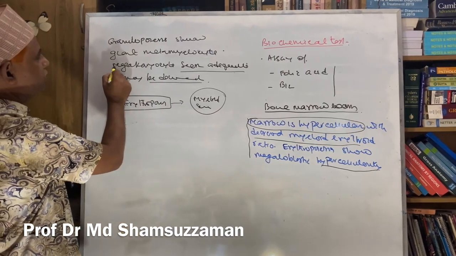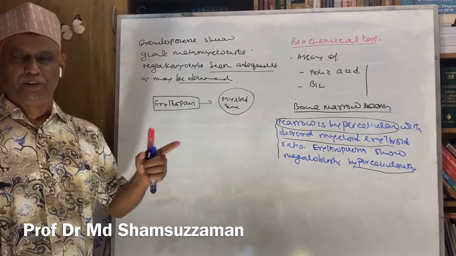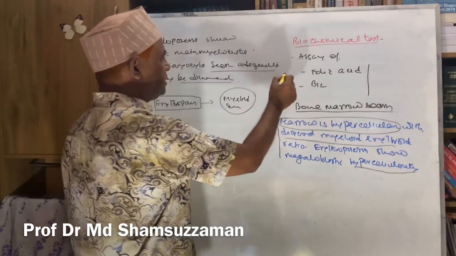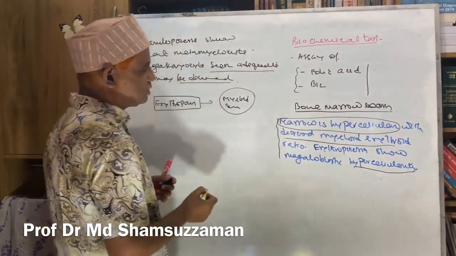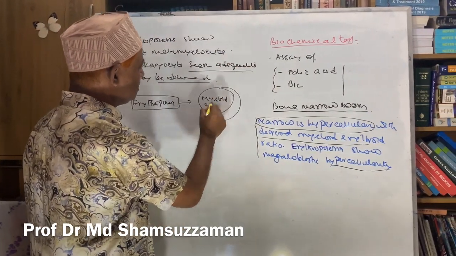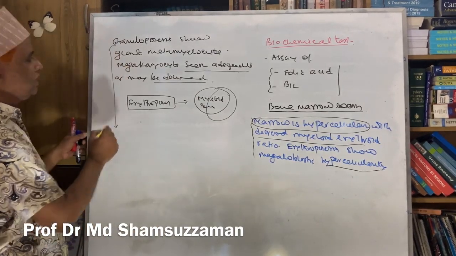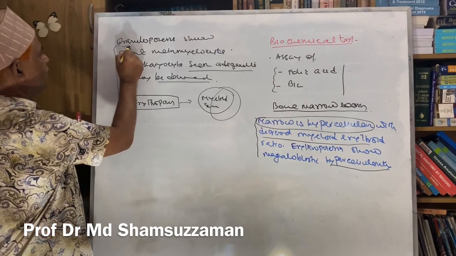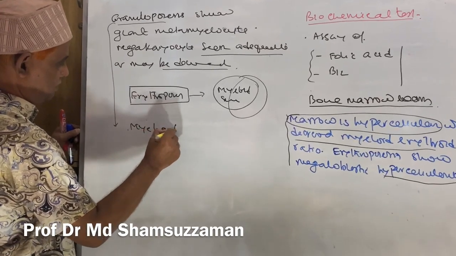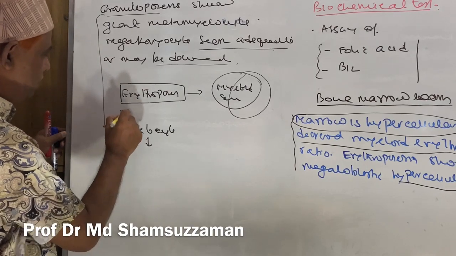Now, as we know, folic acid and vitamin B12 are maturation factors. As there is deficiency of folic acid or vitamin B12, there is deficiency of maturation factor. As there is maturation factor deficiency, there is macrocyte formation in the blood and megaloblast in the bone marrow. Dear audience, you know, there are a lot of stages in granulopoiesis. One of the steps of granulopoiesis is myelocyte, and from myelocyte, metamyelocyte.